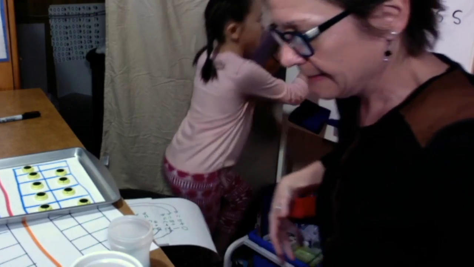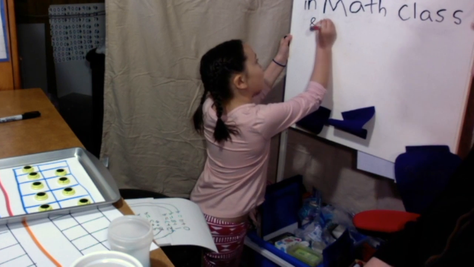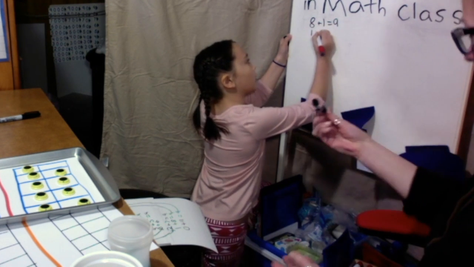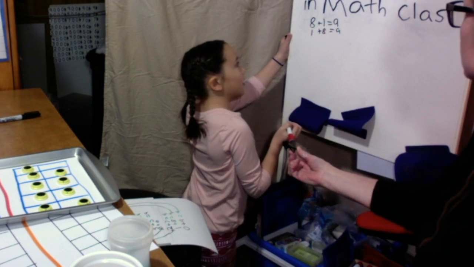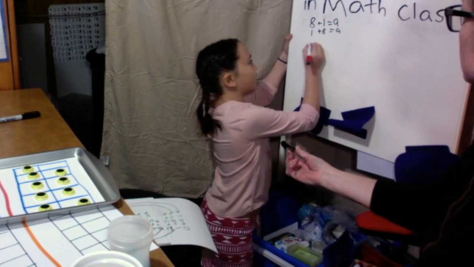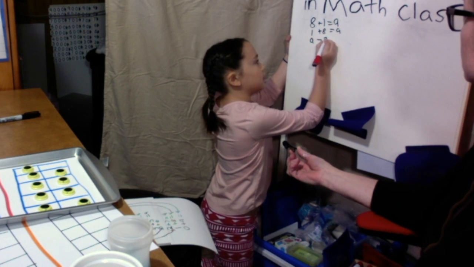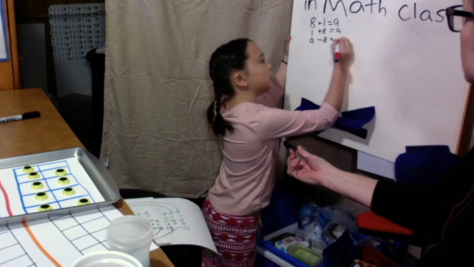Sure. Okay, so 8 plus 1 equals 9. 1 plus 8 equals 9. So now you take the 9 and you put it here, and you take away 8, and then the answer is going to be 1.